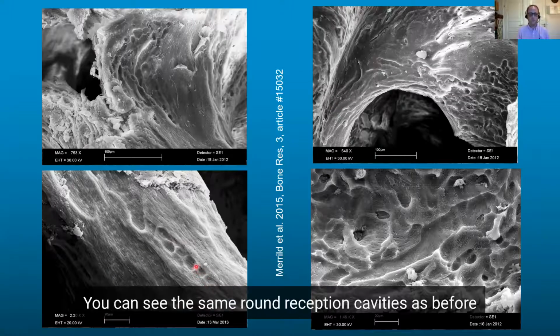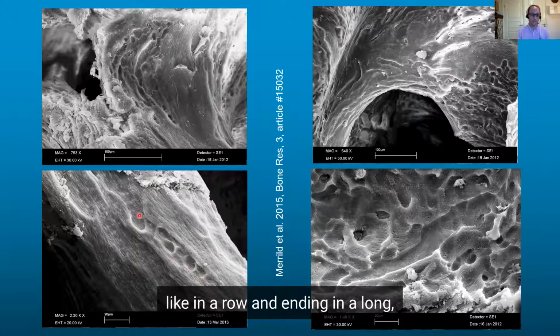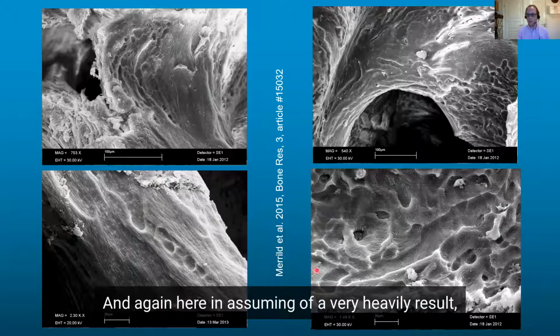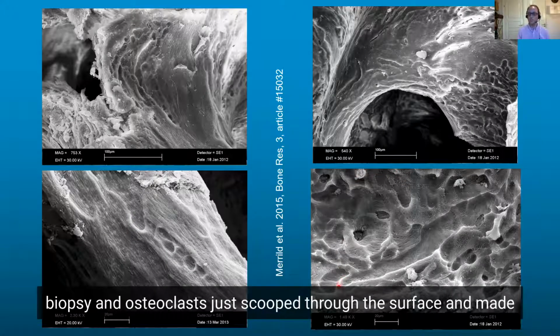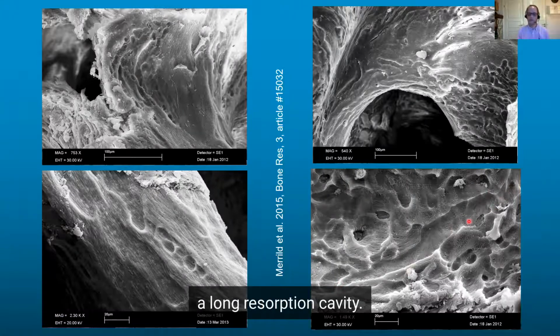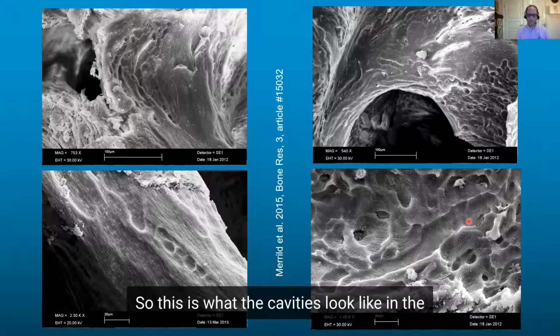Down here you can see the same round resorption cavities as before, like in a row, and ending in a long cavity again. And again here in a zoom in of a very heavily resorbed area, just before we took the biopsy, an osteoclast has just scooped through the surface and made a long resorption cavity. So this is what the cavities look like in vivo.